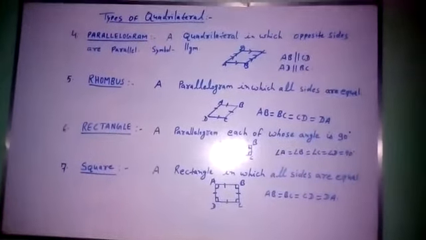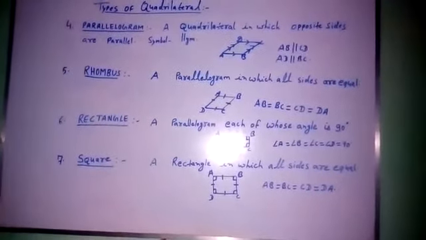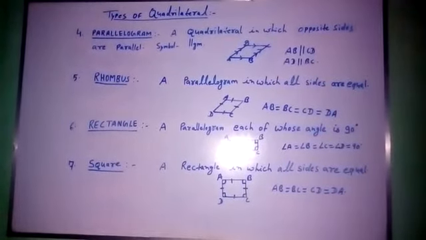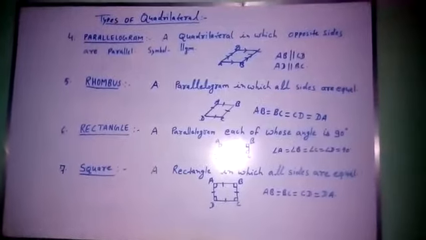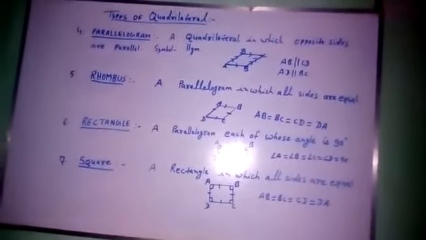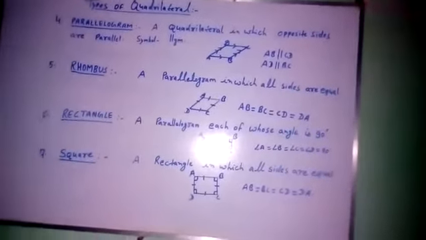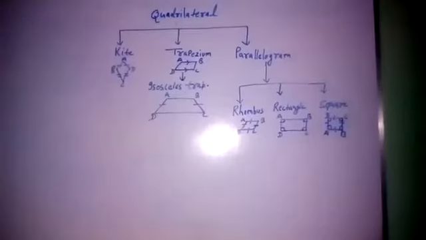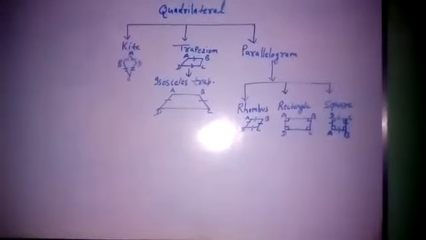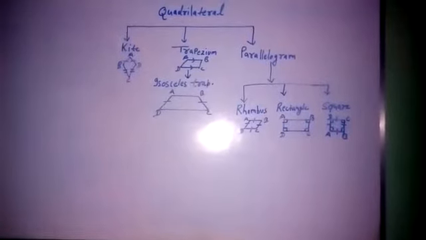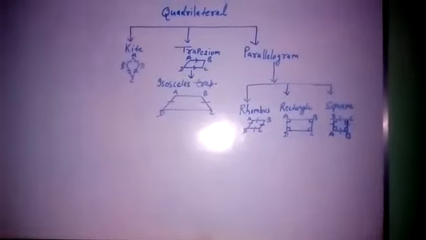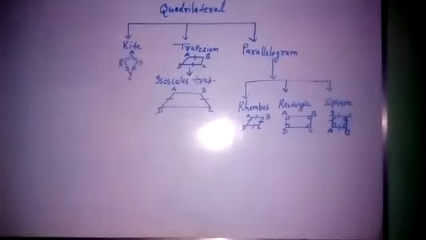We can see it by a flow chart and understand it easily. See the flow chart. Quadrilaterals in three: kites, trapezium and parallelogram.